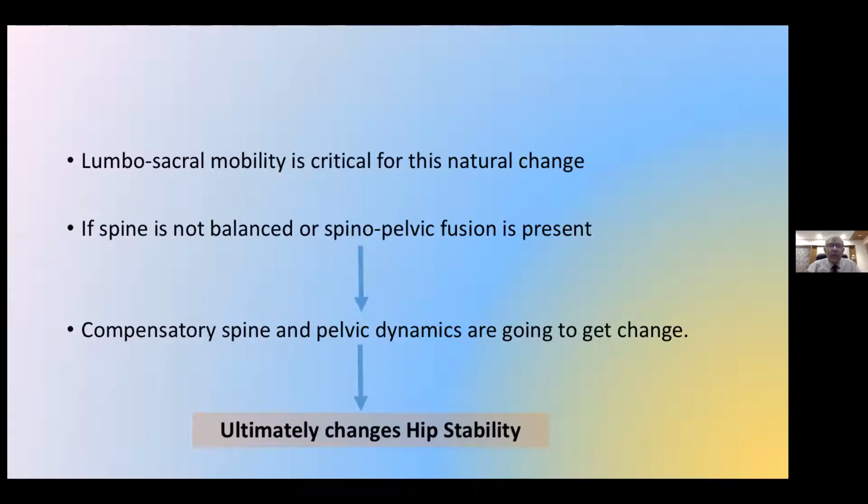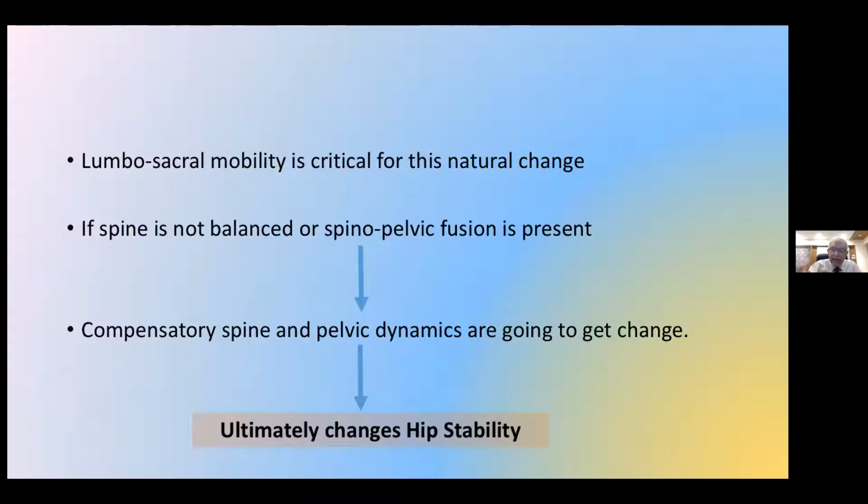Now, lumbosacral mobility is critical for this natural change. If the spine is not balanced, or spinopelvic fusion is there, then this compensatory spine and pelvic dynamics are going to change. Ultimately, it will change the hip stability. Remember, if you have a fused spine or an imbalanced spine, your movements are going to change, which will have a bearing on anteversion of the acetabulum, which is related to spinopelvic junction mobility.